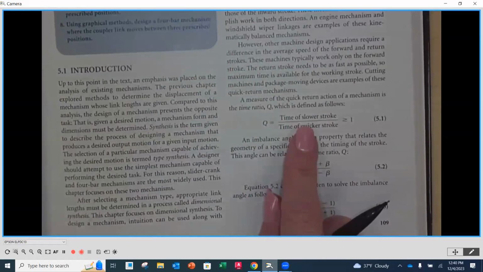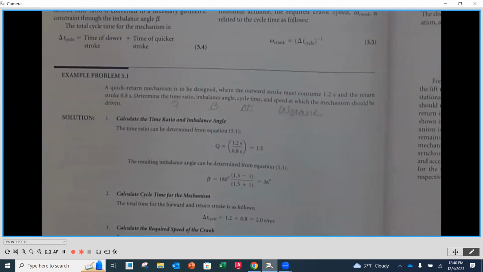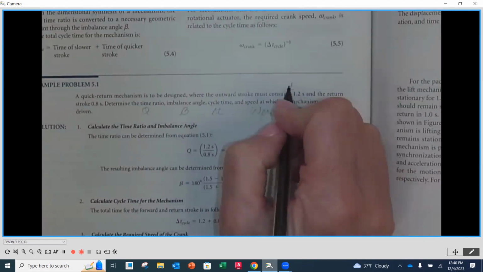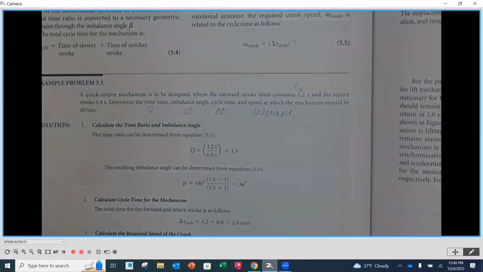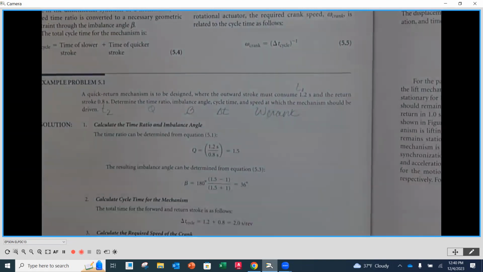So we had a time of the outward stroke, if you would, and of the inward stroke. So we're going to use those. So as we line this up here, if we look at the outward stroke, that's going to be equal to what we call T1. That's the first part of the motion. And then the return stroke is going to be T2. That's going to be the second part of it.